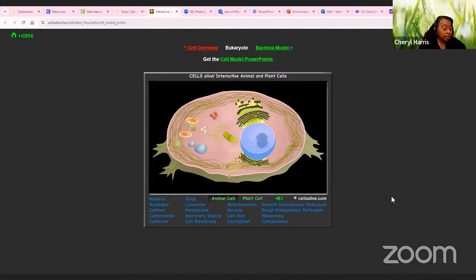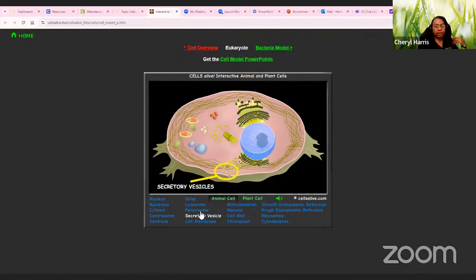All right, so again, we got a few minutes. You just click on the words and it'll identify. You will be tested on this eventually as we go through. You'll have a picture of a cell, and you'll have to know which parts are which and what they do.